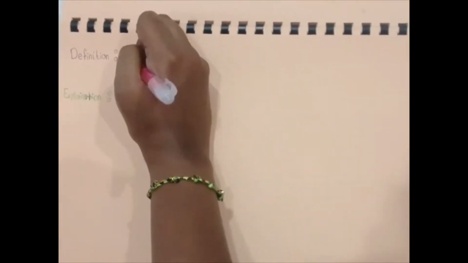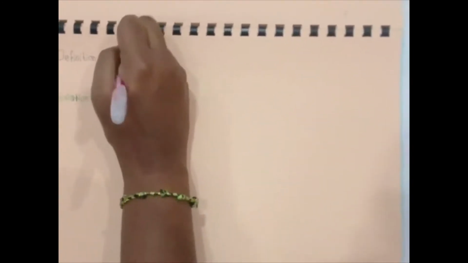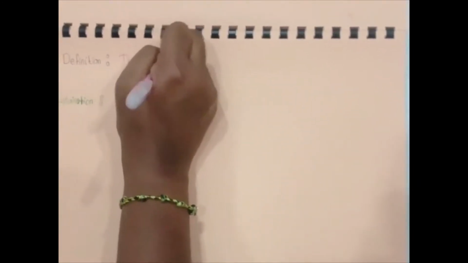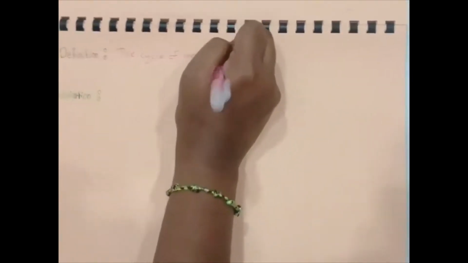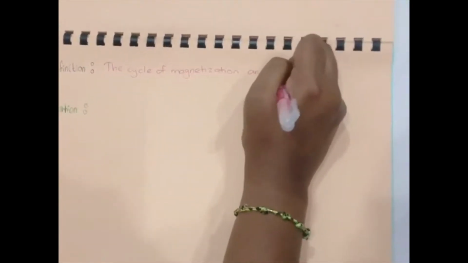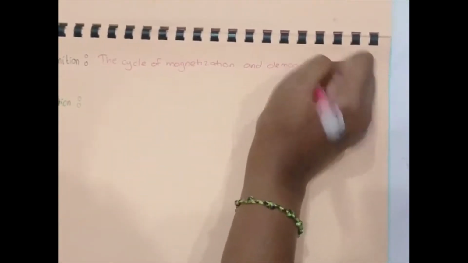Now I would like to explain the definition of the hysteresis loop. The definition of a hysteresis loop is the cycle of magnetization and demagnetization and the lost energy.